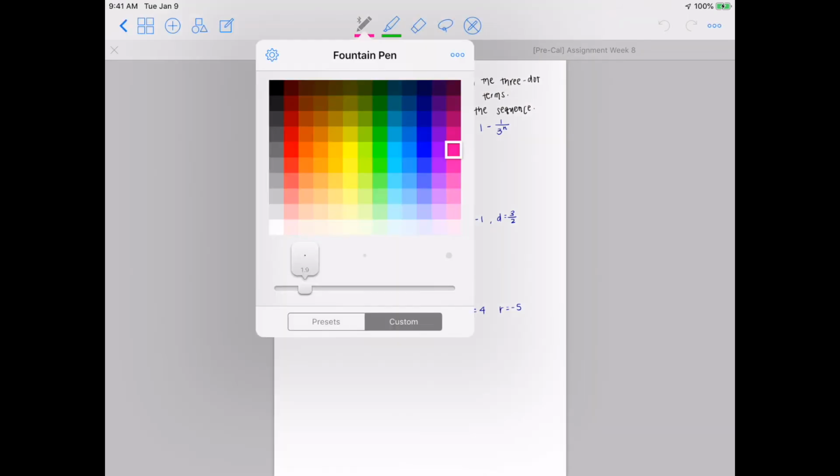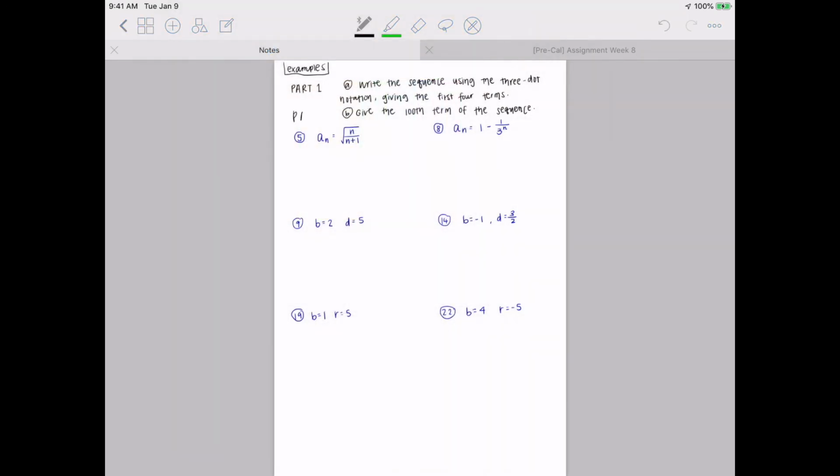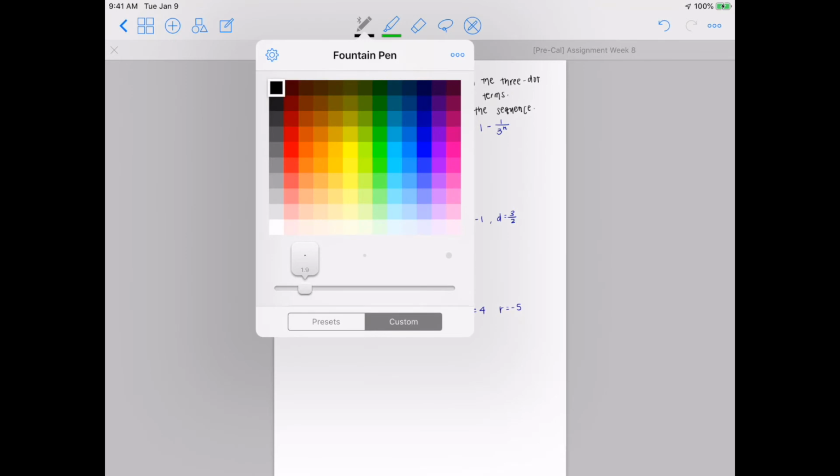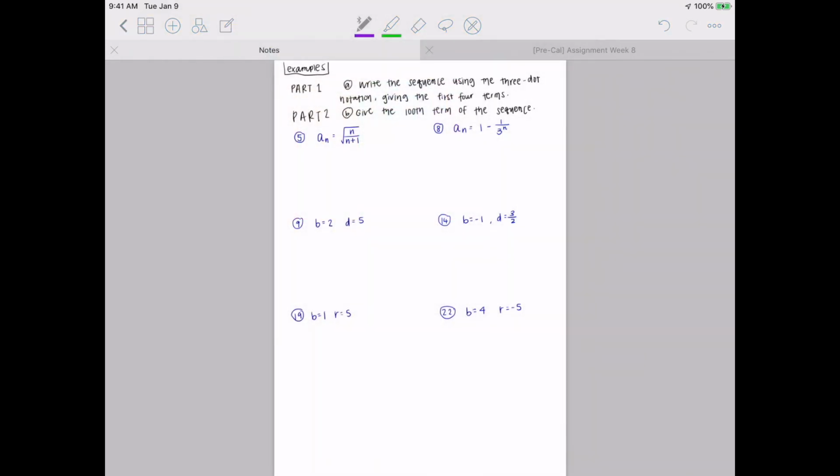So this is part 1 and this is part 2, or A and B. It says, find the sequence using the 3-dot notation giving the first 4 terms. And then part 2 says, give the 100th term of the sequence. Number 5 and number 8, they already gave us the explicit formula.